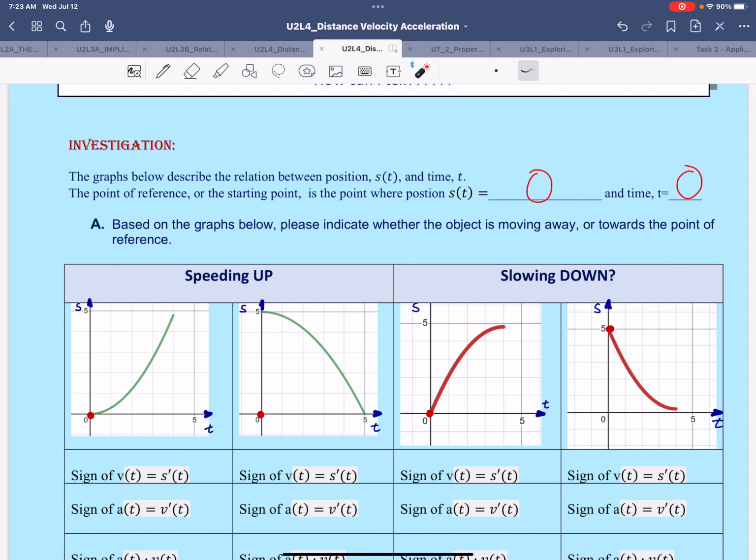Now, in a similar way, we explain the slowing down. So again, here we have the first 4 seconds, the object goes this far. And for the second half of the time interval, it goes this far. So which means that initially it goes a further distance for half of the time and then not as far for the second half of the time, which means that the object is slowing down.